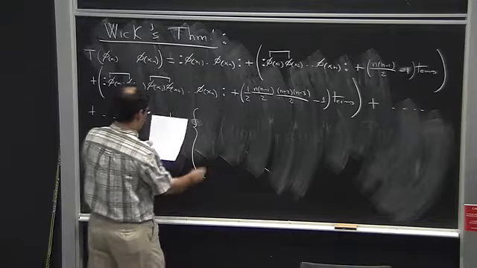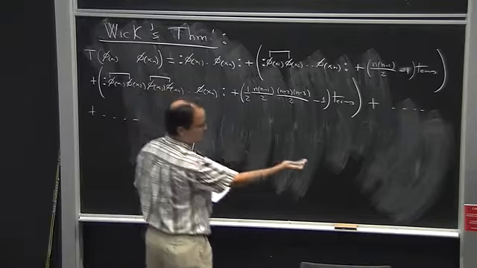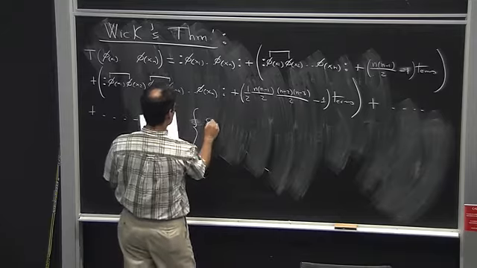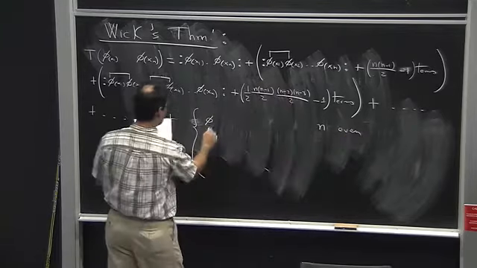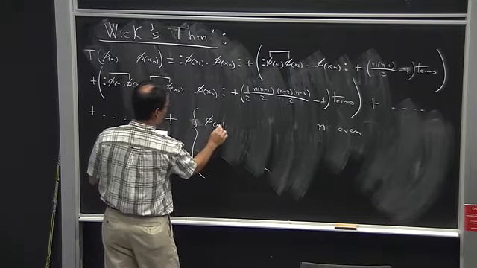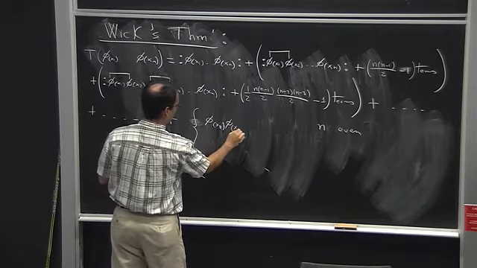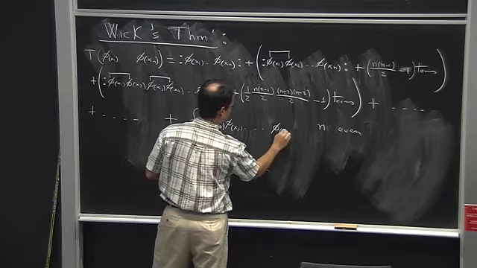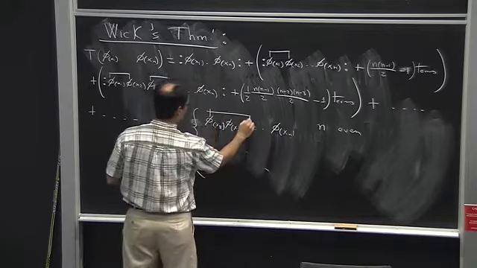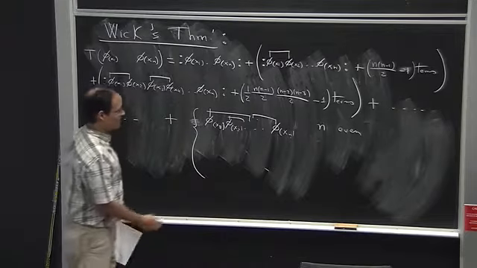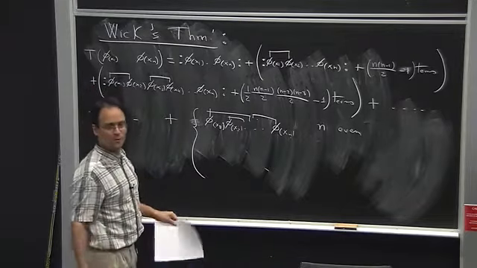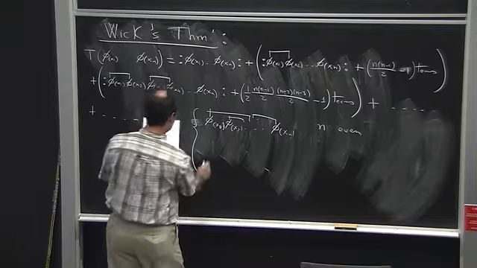Now the last term depends on n being even or odd, of course. Because if n is even, then it's the sum over all possible contractions, everything is contracted. And the number I'm not going to tell you, that's what you guys are going to find out if you want.